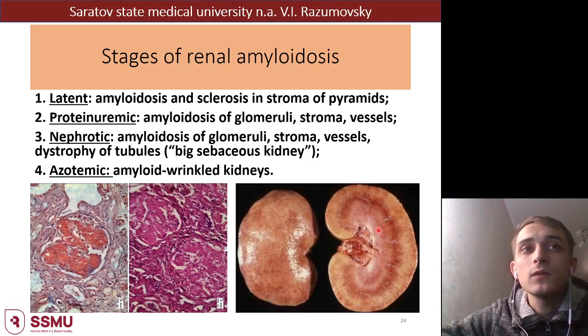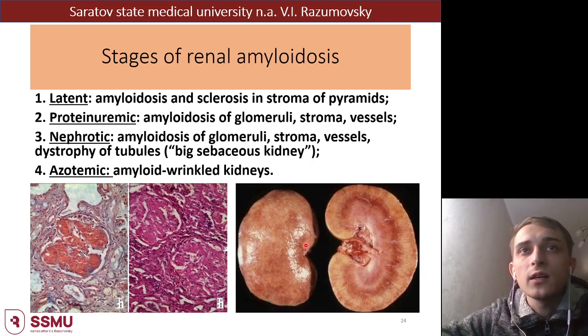It manifests with huge proteinuria, and it is associated with formation of Siebeck's kidney. And Siebeck's kidney you may see on this slide. The kidney is enlarged, has a Siebeck's shine, and a solid consistency. And we may see total accumulation of amyloid.